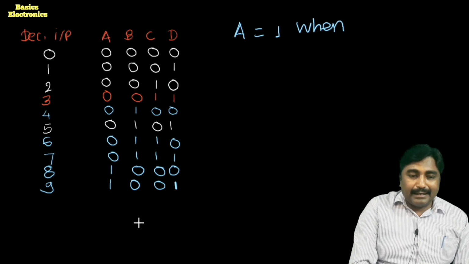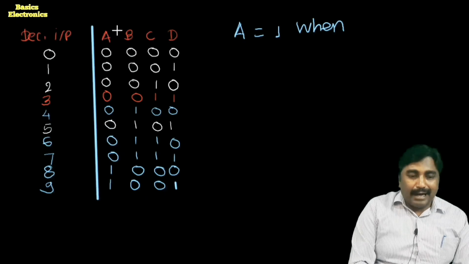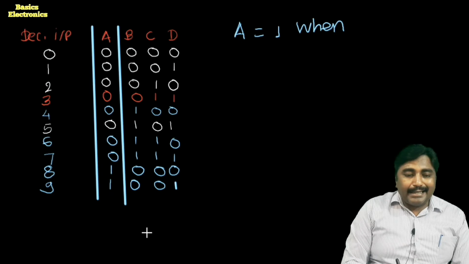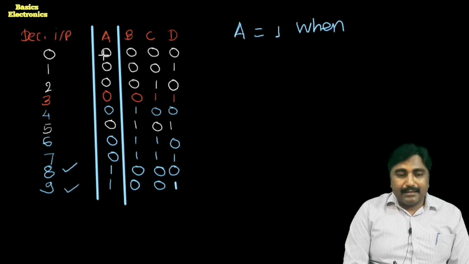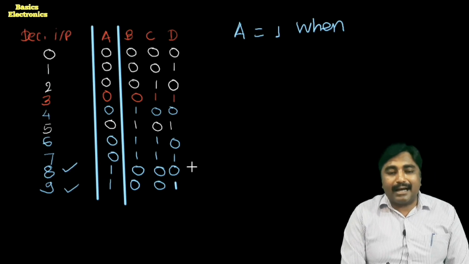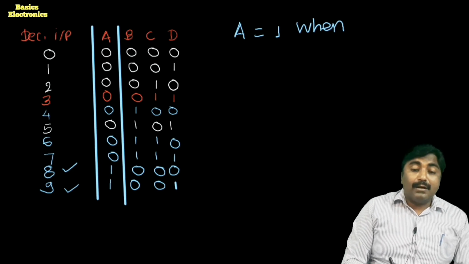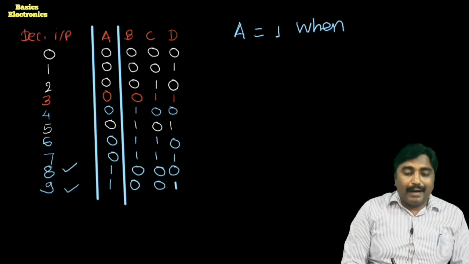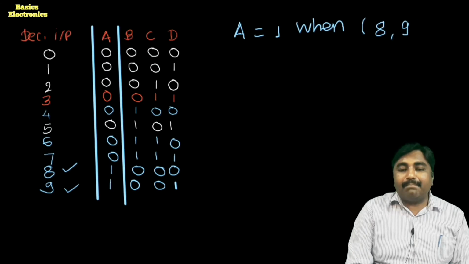See here, in this line, when A is equal to 1, we get A equal to 1 when 8 is pressed and 9 is pressed. A is equal to 0 when the 0 to 7 switches are pressed. So we can write down here: A is equal to 1 when the switch number 8 and then 9 are pressed.